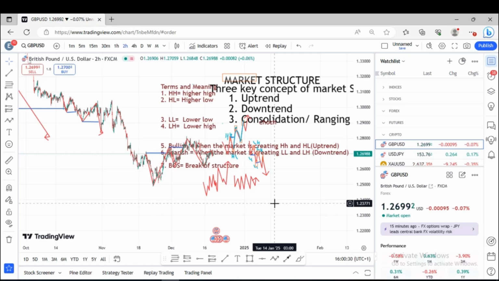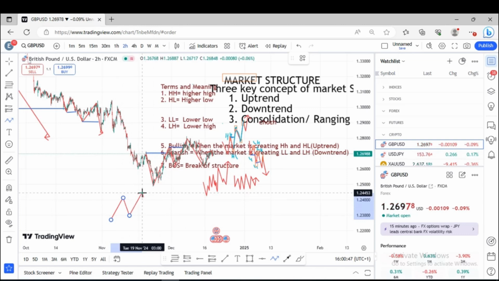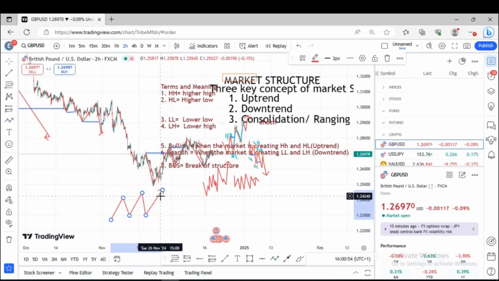And I said that when the market is creating a higher high, higher lows, higher high, higher lows, higher high, that is an uptrend. The market is moving in an uptrend direction.